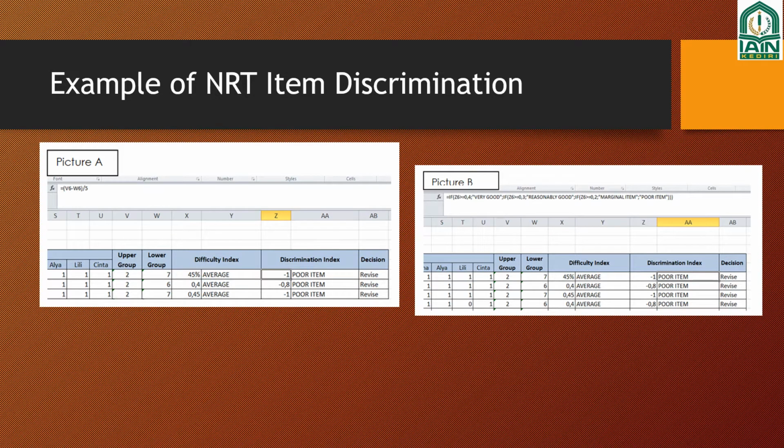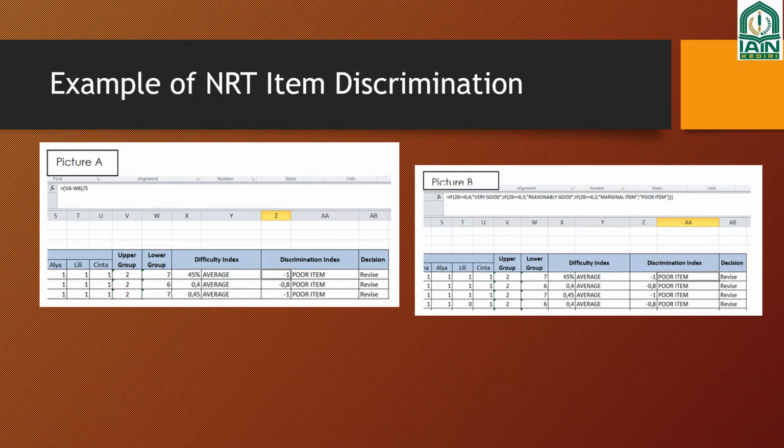And this one is for item discrimination. There are two pictures, picture A and picture B. In picture A, we are going to search for the difficulty index, and in picture B, the definition of the percentage. You can use decimal or percent. It's up to you. You can choose in the menu bar in Microsoft Excel.